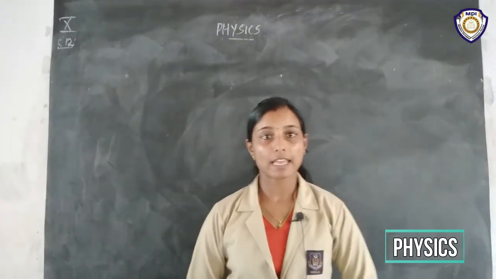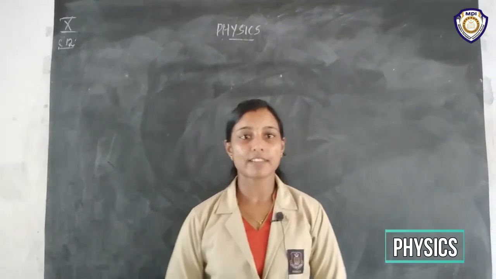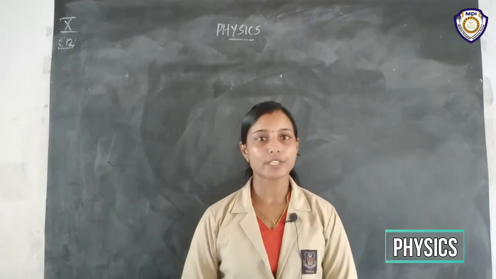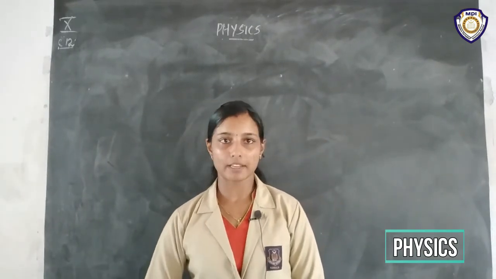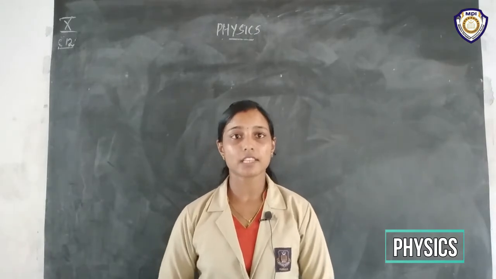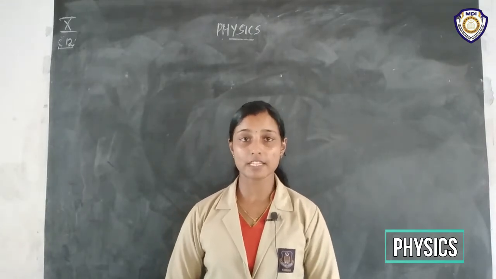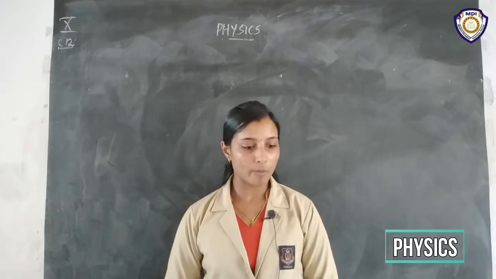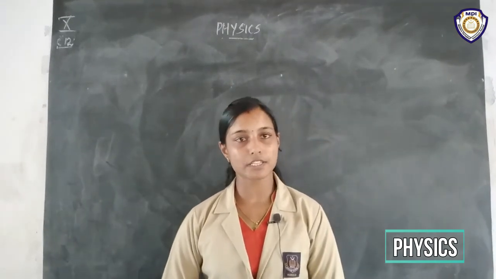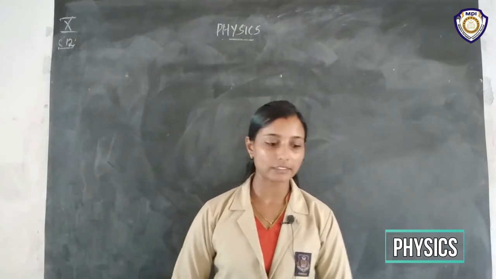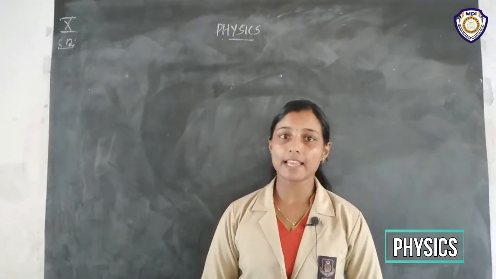As we have a formula for spherical mirrors that relates the object distance, image distance, and focal length of the spherical mirror, like that we have a lens formula, which relates the image distance, object distance, and focal length of a spherical lens.